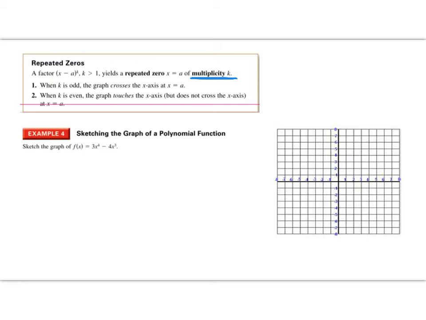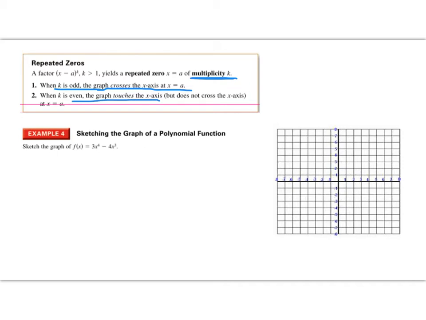If it's even, that's like a parabola, so it's really just touching it and jumping back off. And that's what these two things right here are saying. So it touches the x-axis and jumps back off, and if it's odd, it's actually going to go across the x-axis.